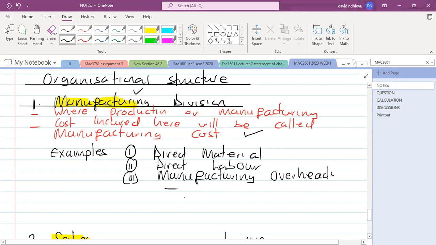Now, manufacturing overheads is any cost, direct or indirect, incurred in the factory. So therefore, it might encompass indirect material, as long as it is a material incurred in the factory and it's indirect to manufacturing, overhead. Then we've got indirect labor. We can have electricity.